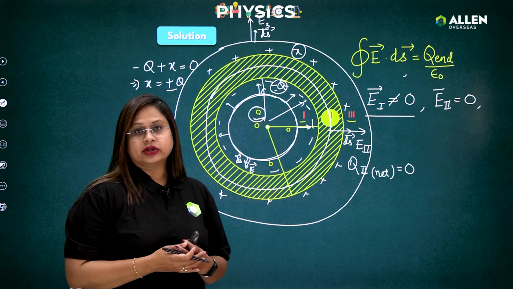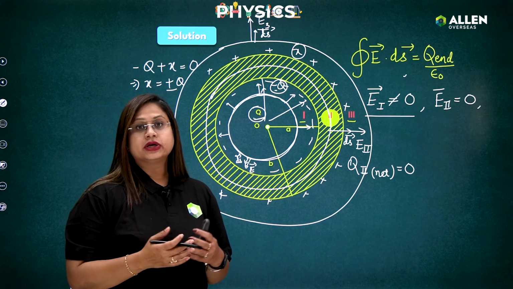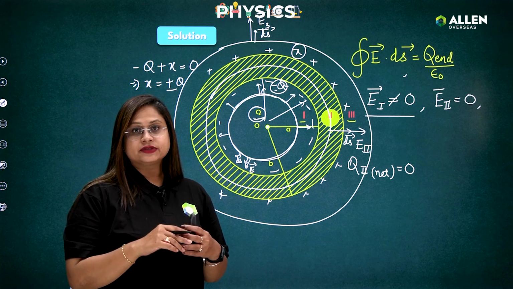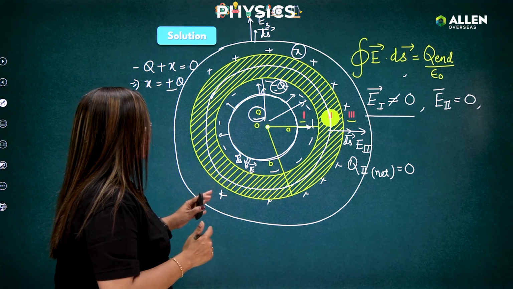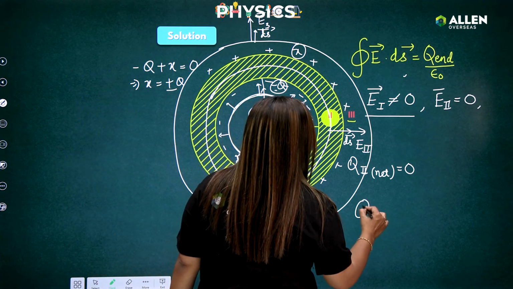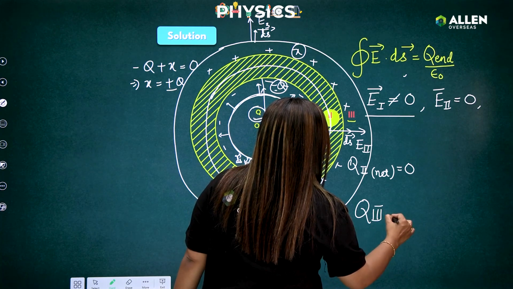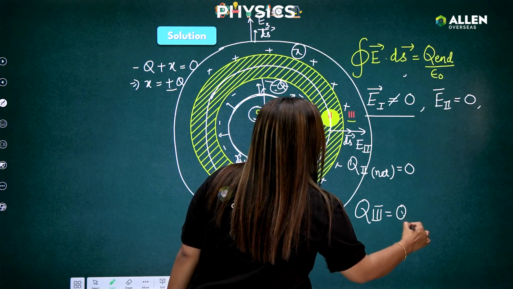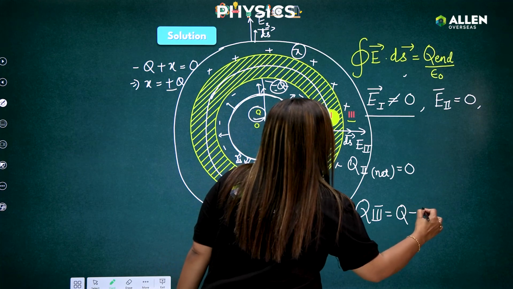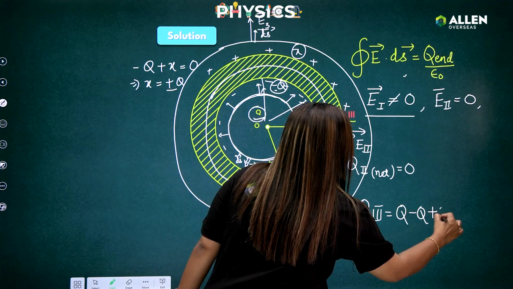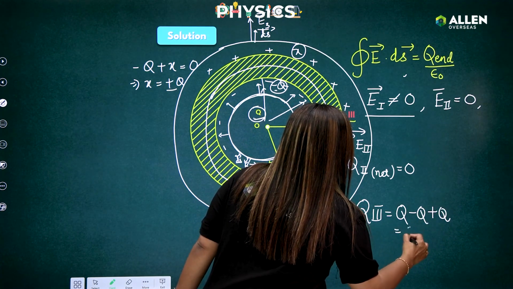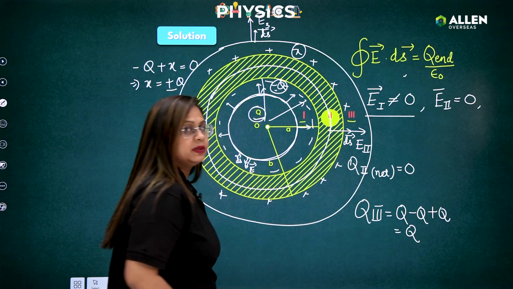If we wish to find how much charge is enclosed inside this Gaussian surface, the total charge enclosed inside the third Gaussian surface will be plus q at the center, minus q the induced one, and plus q also the induced one, which gives a result equal to plus q.